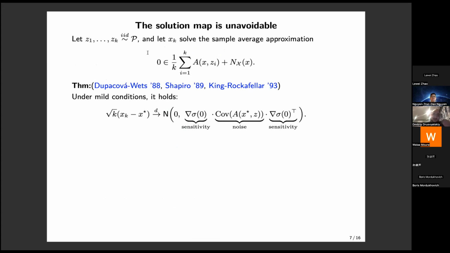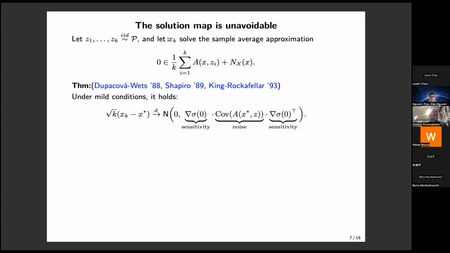Okay, so an alternative to these kinds of online algorithms like the projected stochastic gradient method is a batch algorithm, which in the beginning draws k samples, z1 through zk, according to the probability distribution p, and then forms the empirical averages of a. So you're approximating the expectation, and you're solving this equation.